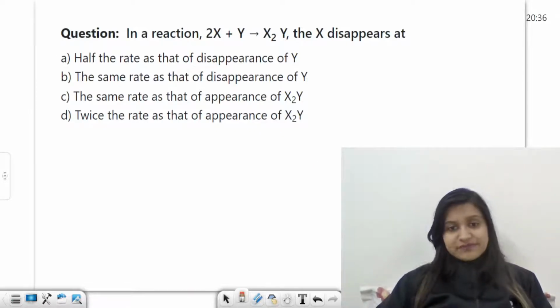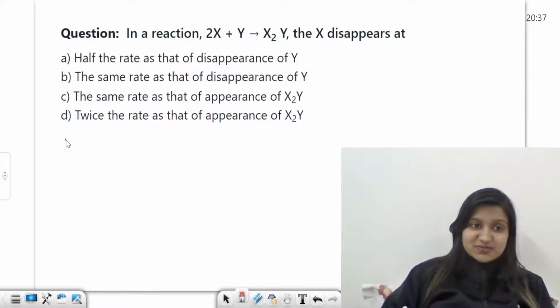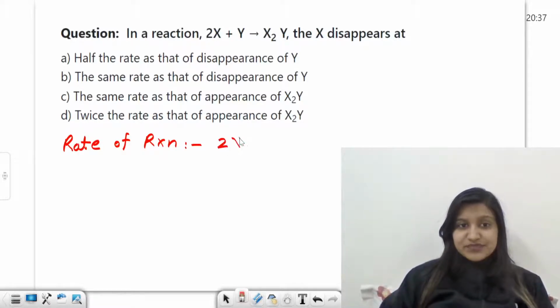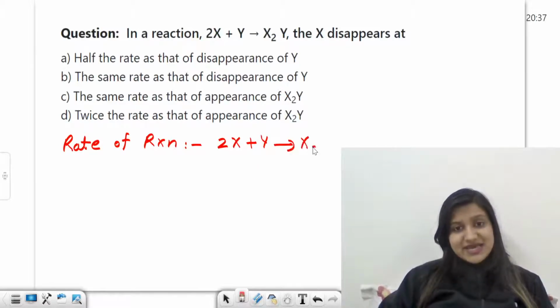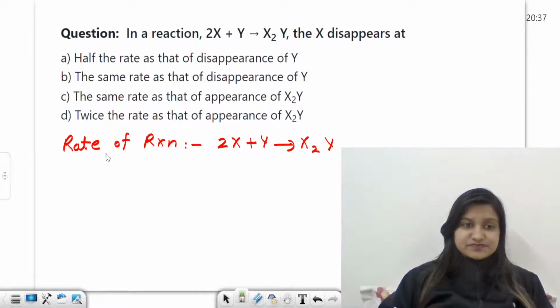All right. So again, what we are going to do? We are going to write the rate expression. We'll be writing the rate of this reaction which is given to us. The reaction is 2X plus Y is giving us X2Y. So let's see what will be the rate of reaction.